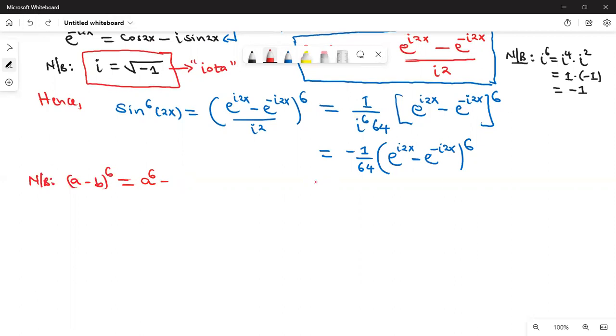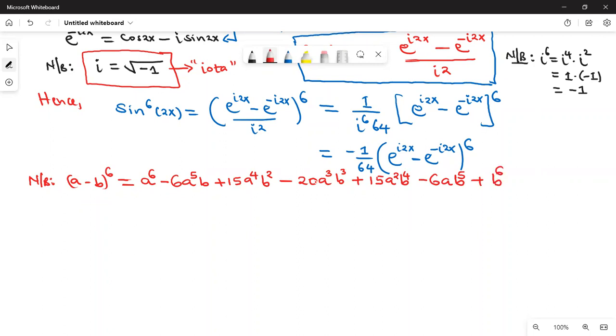When you're expanding a binomial that is raised to 6, so minus 6 a raised to 5 times b, and the other one is plus 15 a raised to 4 b squared, minus 20 a raised to 3 b cubed, plus 15 a squared b raised to 4, minus 6 a b raised to 5, and then lastly plus b raised to 6.